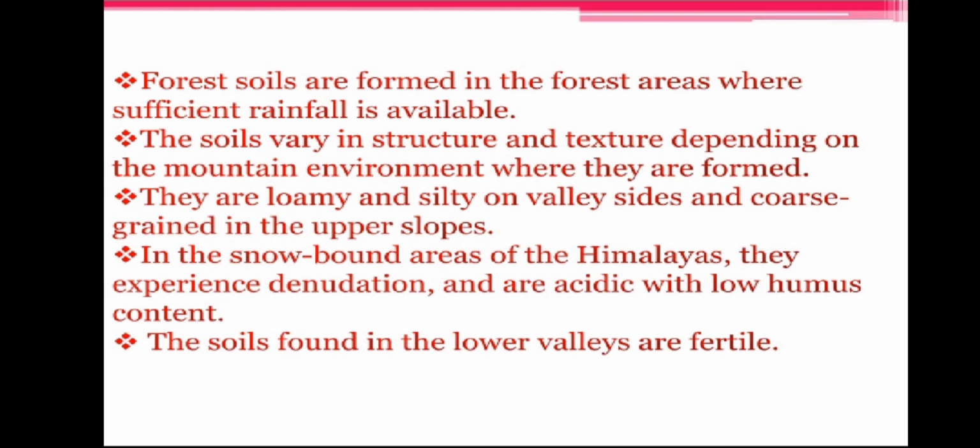In the snow-bound areas of the Himalayas, they experience denudation and are acidic with low humus content, because all the soil is drained towards the plains. The soil found in the lower valleys is very fertile, because river water carries the soil from the mountainous region to the plains.